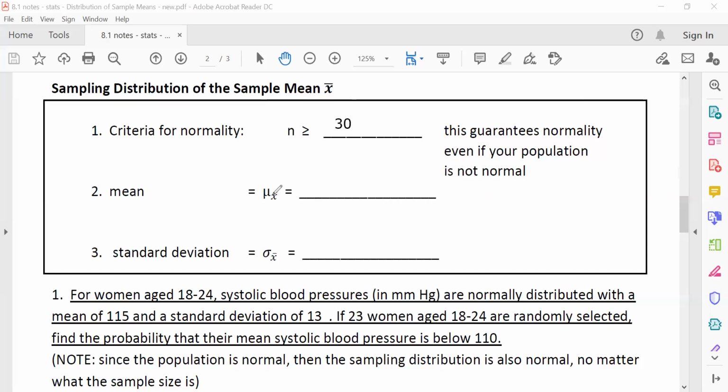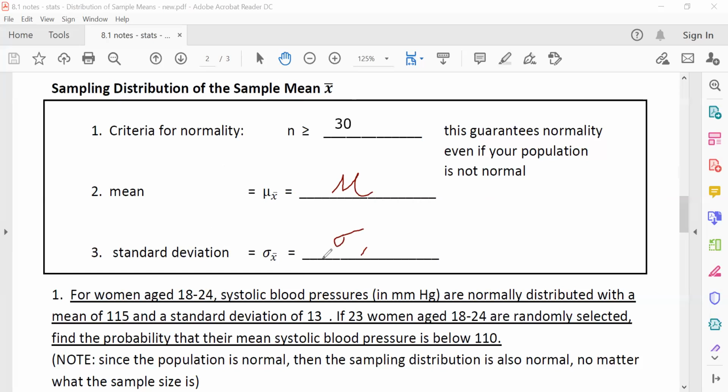The distribution of that sample mean is going to be normal with a mean that is the same as the population mean, mu. But the standard deviation is a different one.